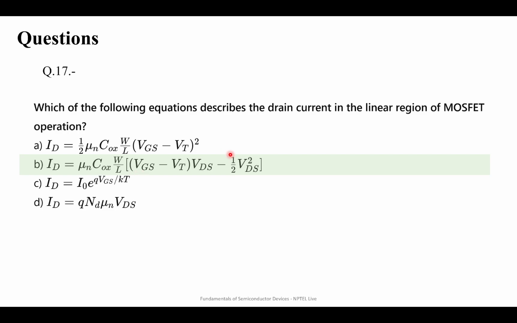So if you see, all four of these are current in some particular cases. So this would be the current in a MOSFET linear region. This would be current in a MOSFET saturation region.